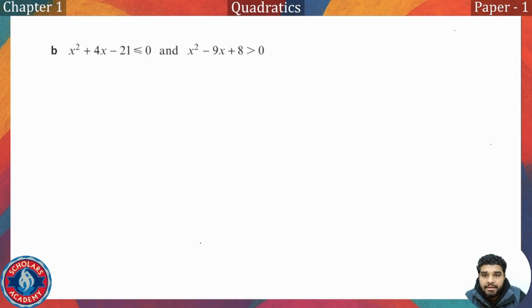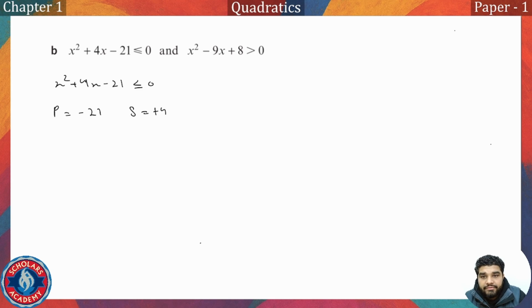Let's solve this inequality first. The product over here, for x square plus 4x minus 21 is less than or equal to 0, is negative 21. And if I check, the sum is equal to plus 4, right?